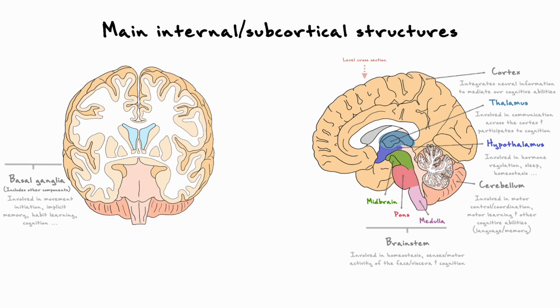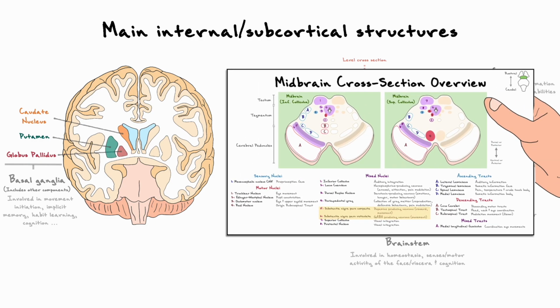Most of the components of the basal ganglia can be best appreciated in the cross-section, where we can find the caudate nucleus, the putamen, and the globus pallidus. In addition to that, the basal ganglia is also composed of the substantia nigra, which is a particular nucleus in the midbrain that we came across in our discussion on the brainstem. The basal ganglia contains other structures that participate in its circuit, but these should suffice for us to get an idea of where the basal ganglia is located.